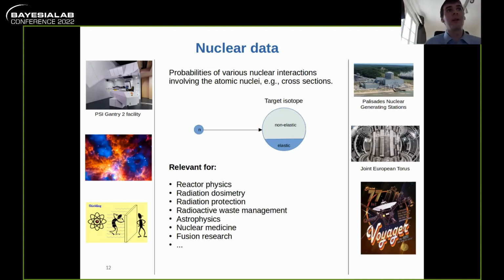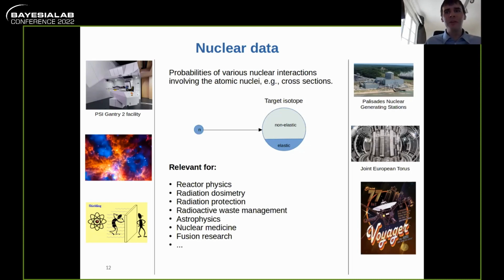Here's a probably incomplete list of application areas where cross sections are important. Just to name a few, if you have a nuclear reactor, you want to be sure that the reactor runs in a stable mode, which means you should ensure that at each point in time, the same number of neutrons is produced and absorbed to have some equilibrium.